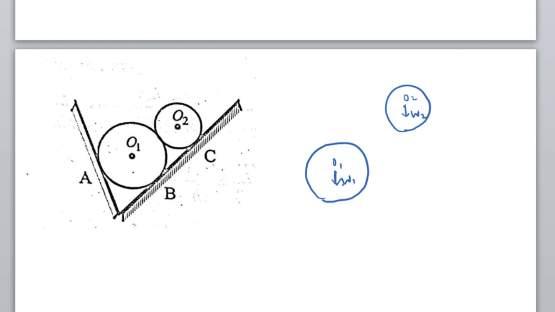Then we have to remove all the supports. There are no string reactions, and it is not attached to any string.